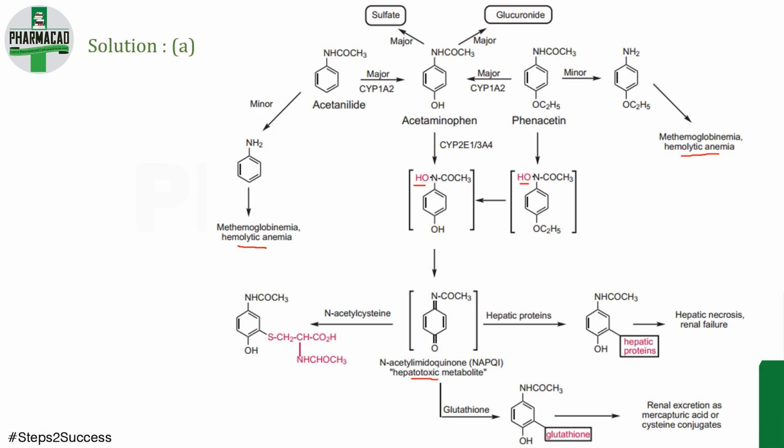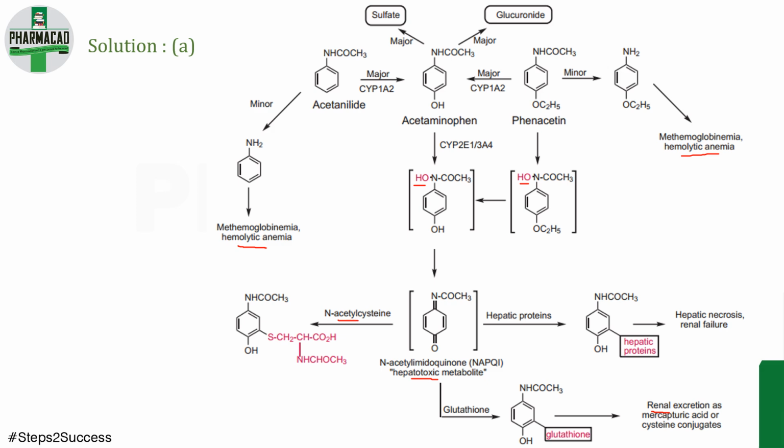This structure is highly reactive and it reacts with the hepatic proteins and the proteins that are present in the kidney cells, and thereby it causes hepatotoxicity and nephrotoxicity. So, in order to prevent this, in order for NAPQI to bind to the sulfur containing proteins and amino acids, we give the patient N-acetylcysteine as an antidote.